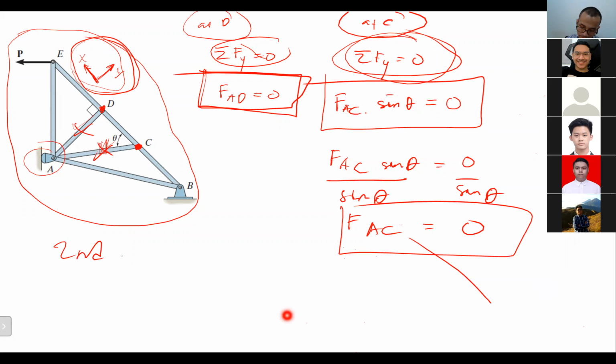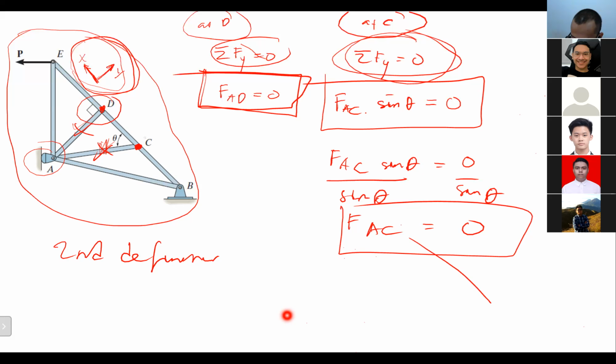So this is now the second definition. If we have a joint which consists of three members, and at that joint two members are collinear, only two, and the other one is not collinear, the non-collinear member will be a zero force member.